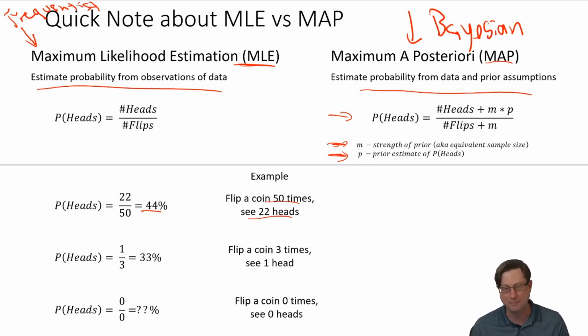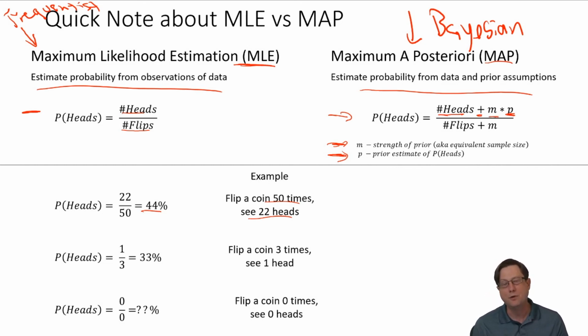This is how certain I am in my prior. This is how much data you'd need to show me to the contrary to get me to give up my prior. So where over here you would just say the number of heads divided by the number of flips, on the MAP side you would say the number of heads plus my expectation of what the distribution of heads will be times the strength of my conviction.